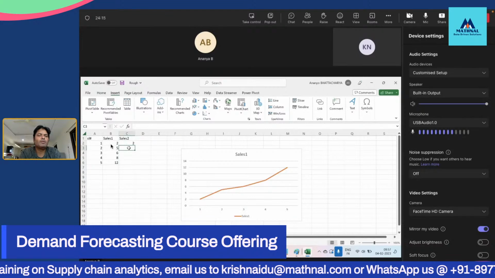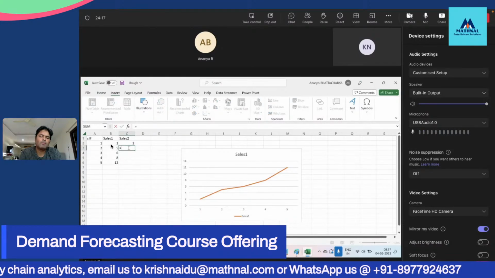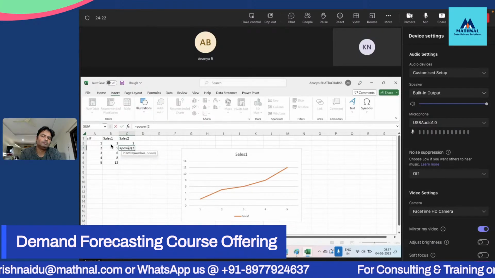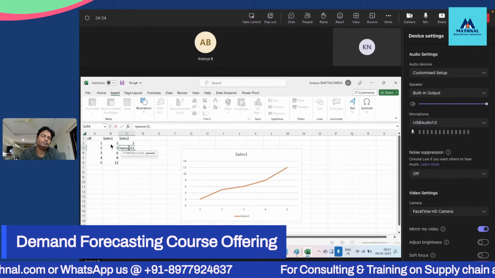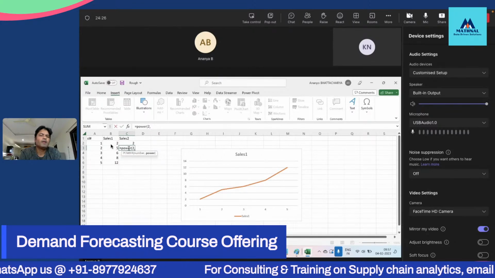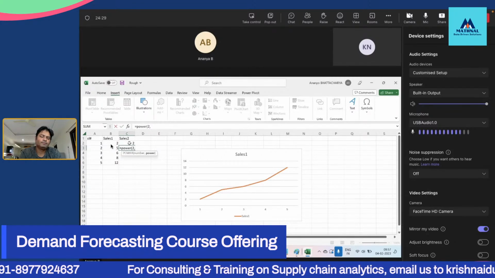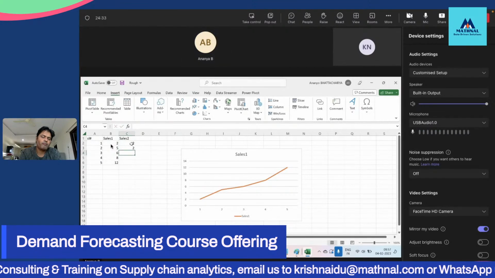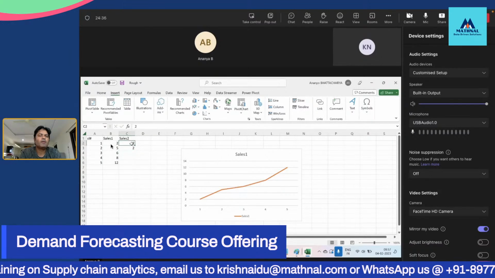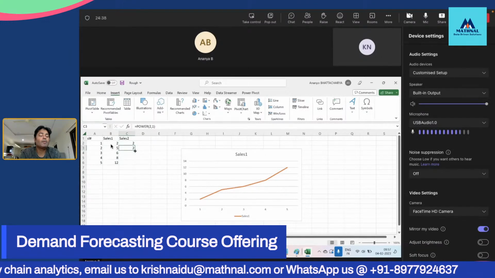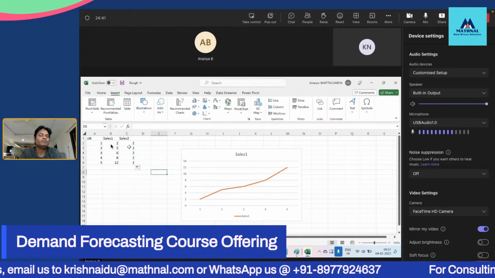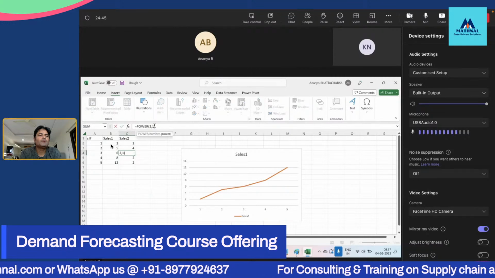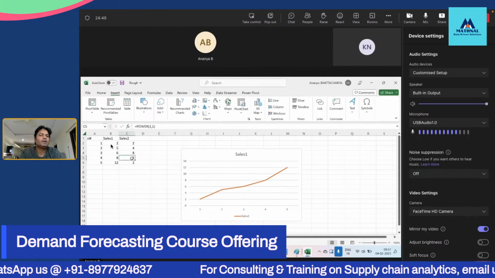Let's write a formula equal to power: 2 to the power 2 comma 1. Next, the power comma 2, the time period one.